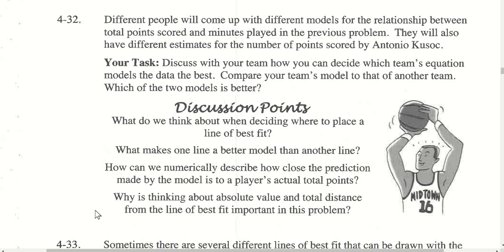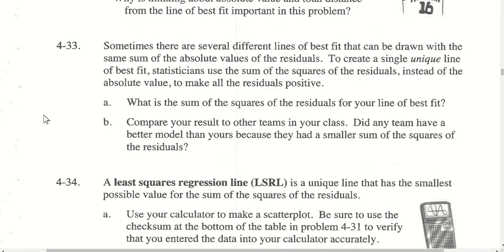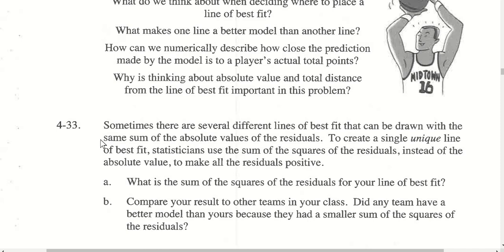All right. Question 33, the final thing we're going to look at today. It says sometimes there are several different lines of best fit that can be drawn with the same sum of absolute values of the residuals. So if you're just adding up the absolute values of residuals, you're going to have several different models that can still minimize the sum of the residuals.